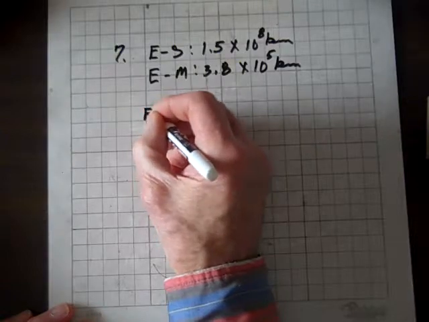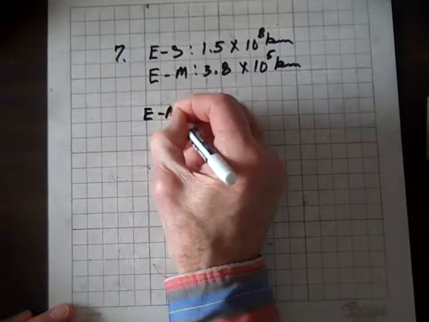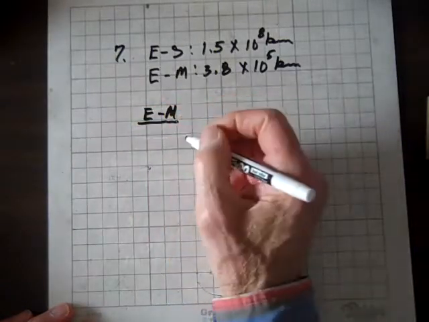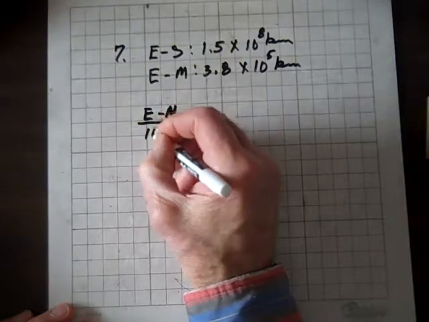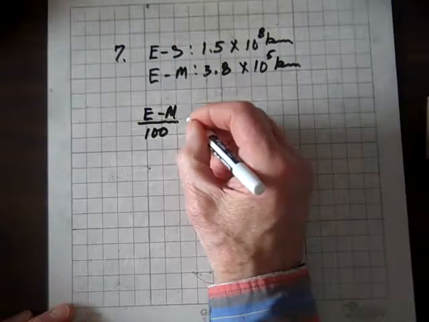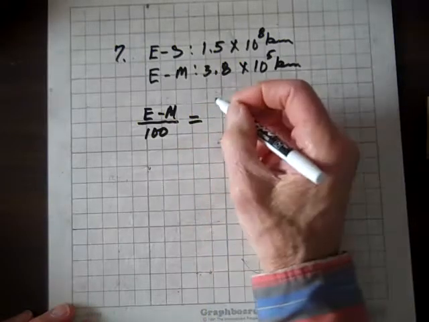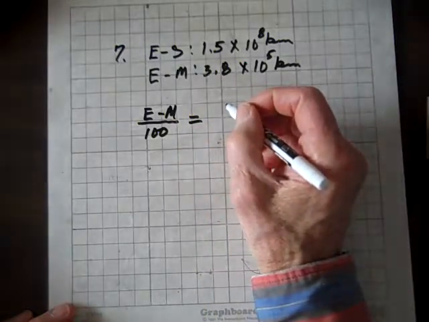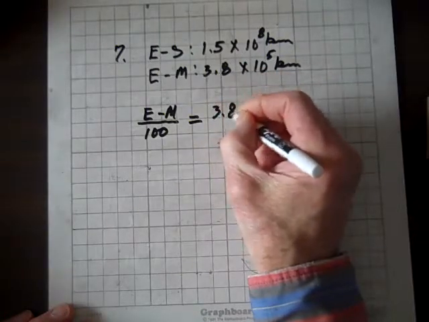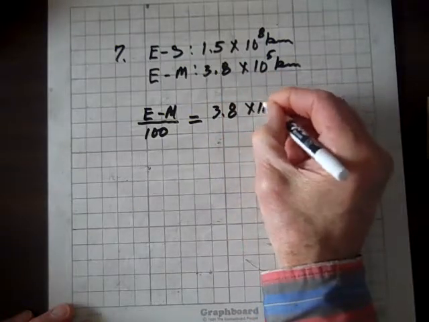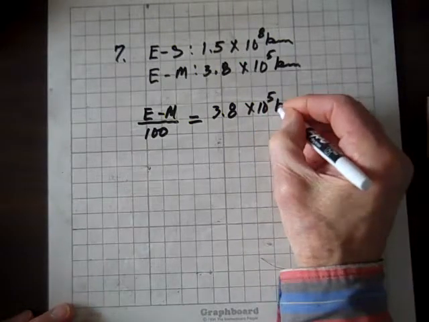So I don't know, so I'll call it Earth to Moon. And on the model, the Earth to Sun is 100. So equals, and now, let's see, Earth to the Moon is 3.8 times 10 to the 5th kilometers.